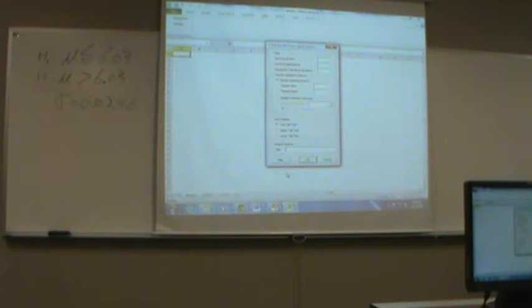Null hypothesis 6.03. Significance level 0.01. Population standard deviation is given, 0.02, right? And sample size 50. Sample mean 6.034.